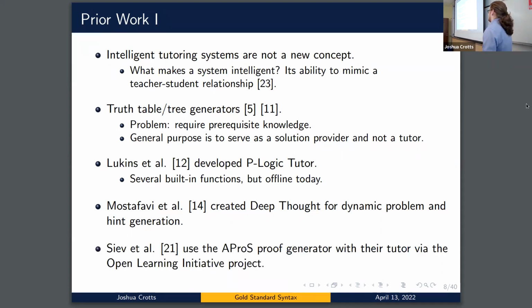There's also the APROS proof generator for the Open Learning Initiative project at Carnegie Mellon. The problem with both Deep Thought and APROS, similar to P-Logic, is that there's not a whole lot of modern research on this. These are probably around 10 years old, I'd say. So we can't evaluate them today. Especially APROS. I was very surprised that there's really no reference to getting their system now.